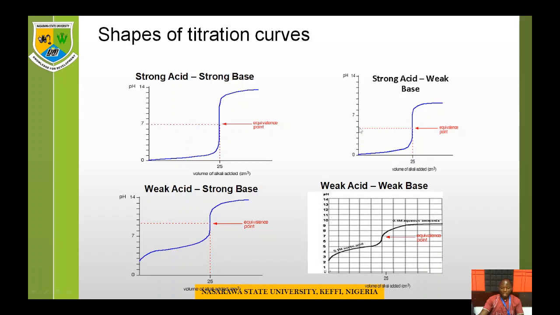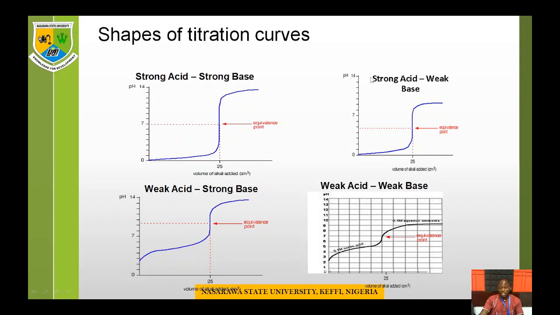You will discover that the pH range for a strong acid against a weak base is not the same as the pH range of a strong acid against a strong base. You can see that the pattern of a strong acid against a strong base gives an equivalent point where the pH is almost 7. So I can call this 6.9999.